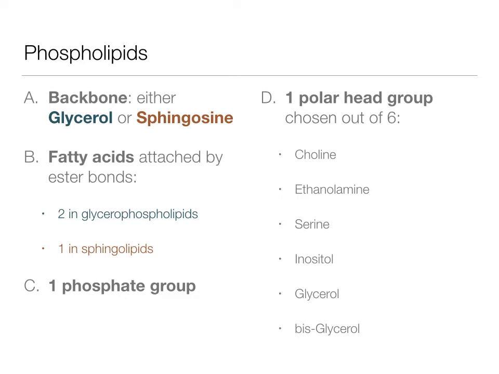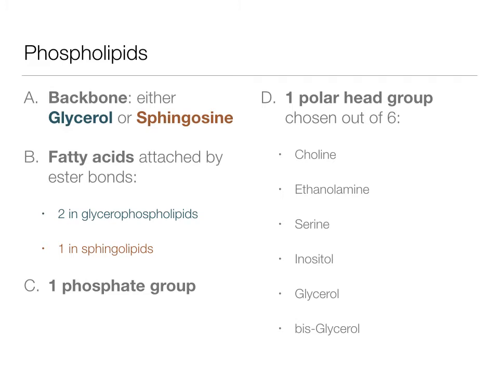In the case of a sphingosine backbone, in contrast, you have only one fatty acid because the sphingosine itself has a very long carbohydrate chain that is strongly hydrophobic, so it acts a bit like a fatty acid itself. And there is always a phosphate group in both the glycerol and the sphingosine backbone phospholipids. Finally, it has a polar head group.